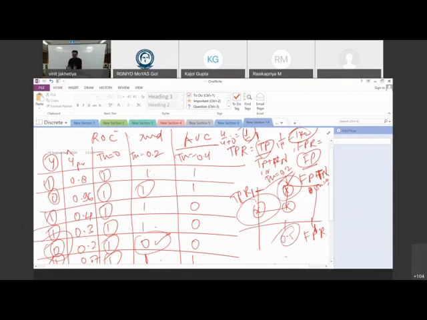So using this relationship between the true positive rate and the false positive rate, you can identify the correct value of the threshold. It's not really compulsory to have the threshold value be 0.5. The threshold value can be anything between 0 and 1, and it is the job of the domain expert to find out the threshold. Make sense, guys? I hope.